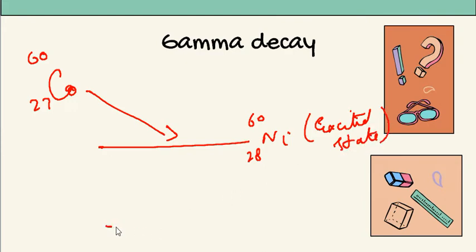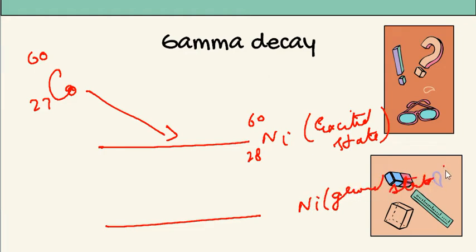In order to move to the ground state, this nickel will emit energy in the form of gamma rays. So this is nickel 60 with atomic number 28 again, but one is in the ground state and the other is in the excited state. So this is one of the major examples.